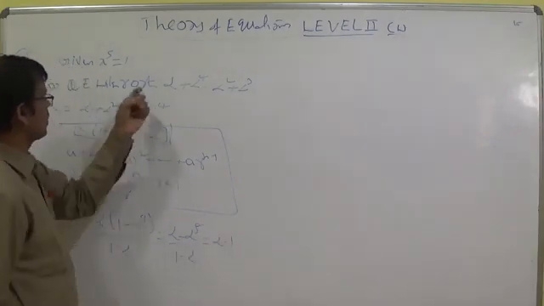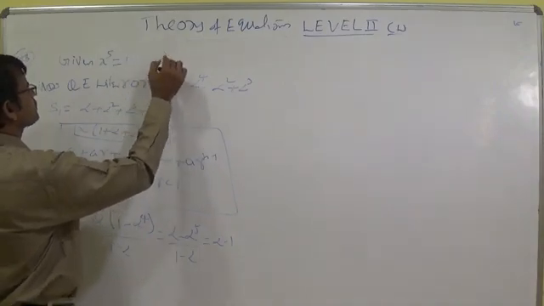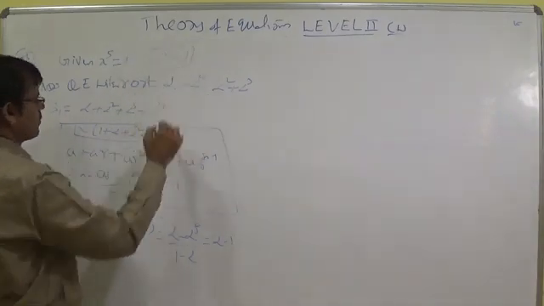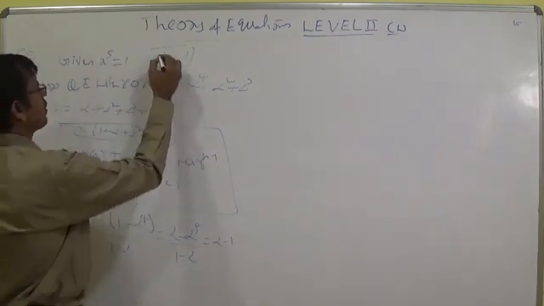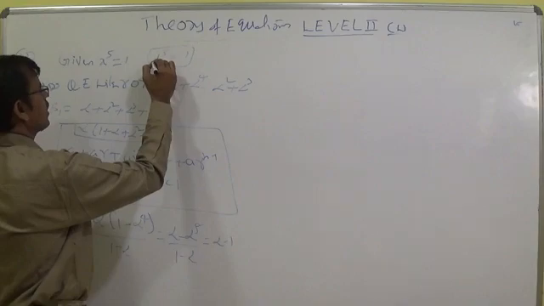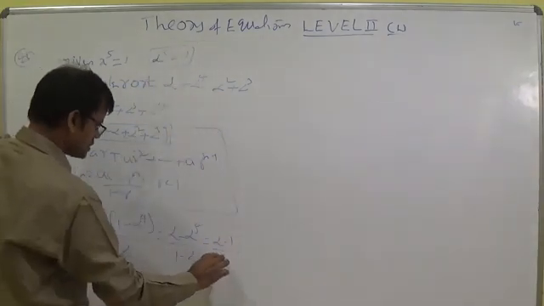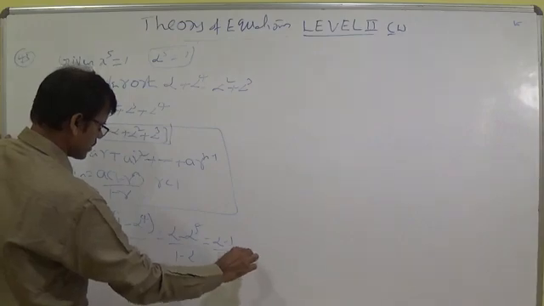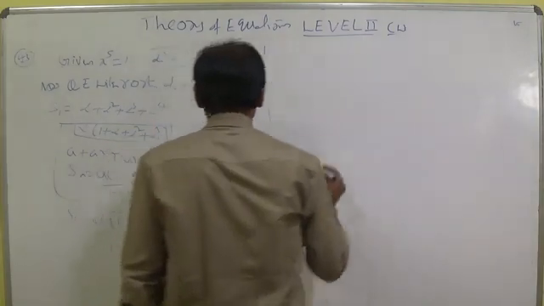Since alpha is a root, x power 5 is equal to 1, substitute alpha there, you get alpha power 5 is equal to 1. So alpha minus 1 by 1 minus alpha becomes minus 1. So the sum of roots we got as minus 1.